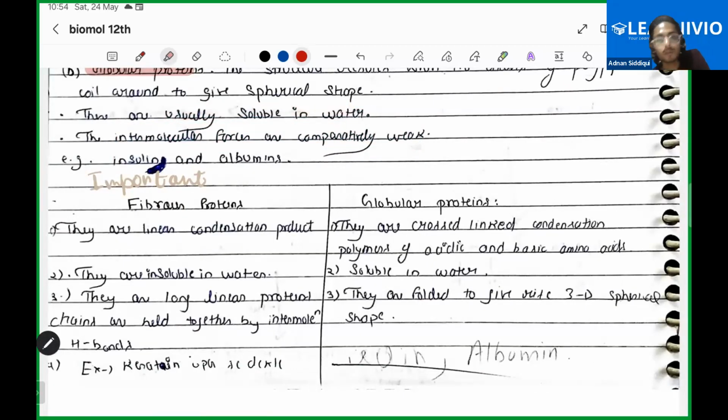Examples of globular proteins are insulin and albumin.